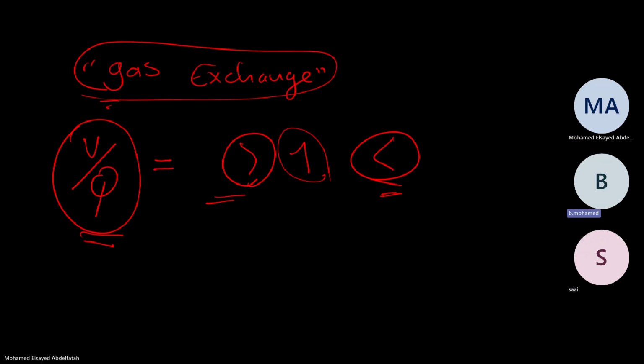Batul, I think less than 1. Sai, do you think the same? Yes. So you say that ventilation should be less than perfusion for gas exchange to be optimal. Is this a logical answer?